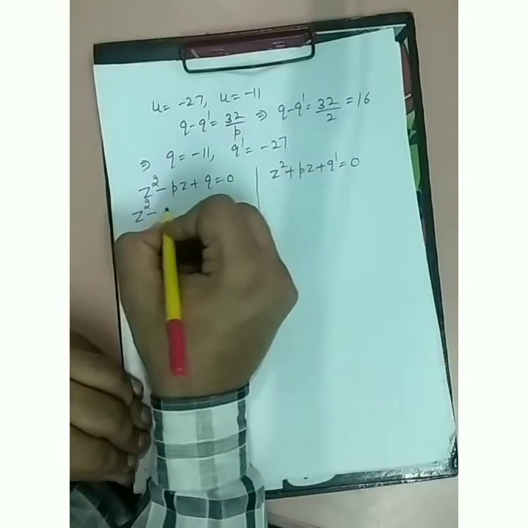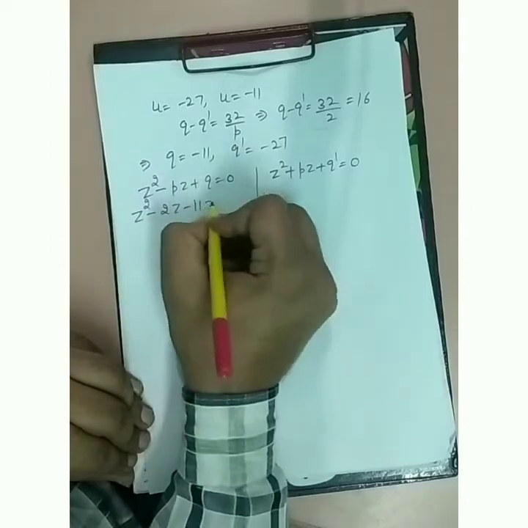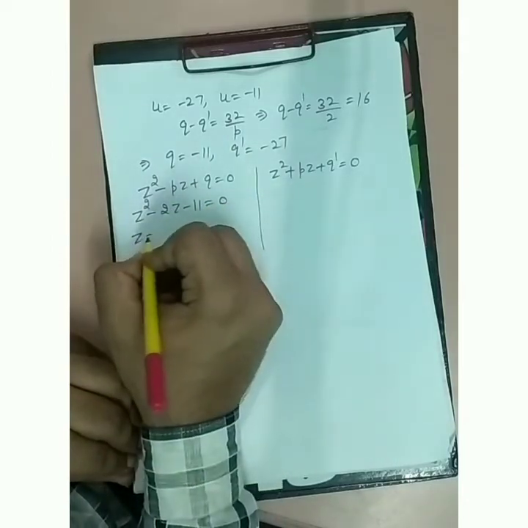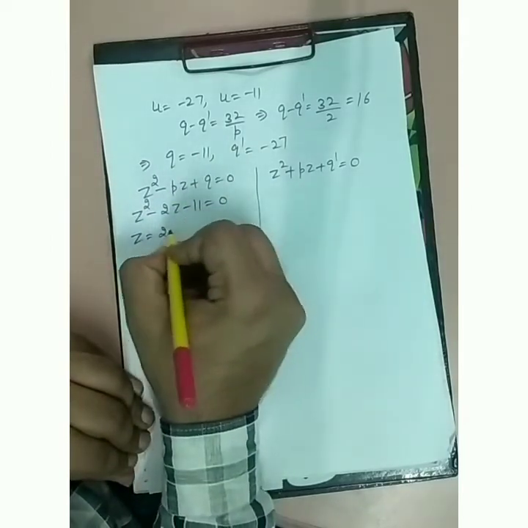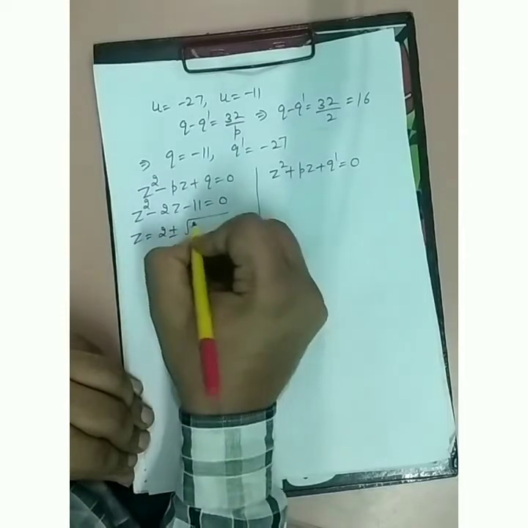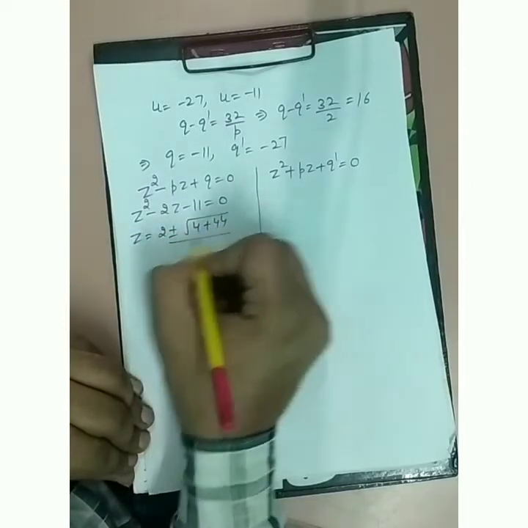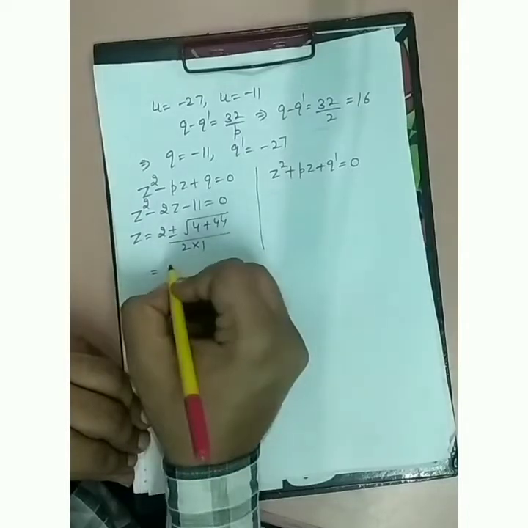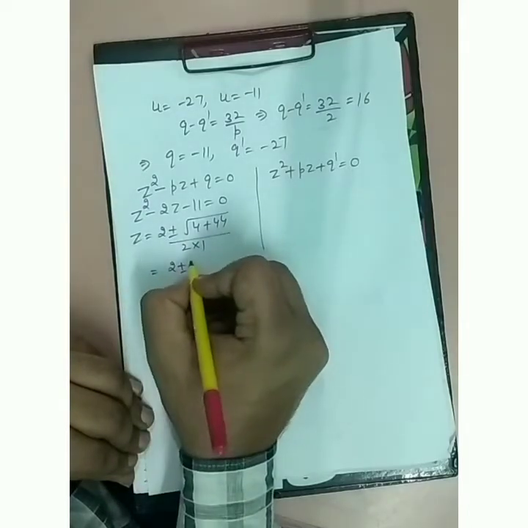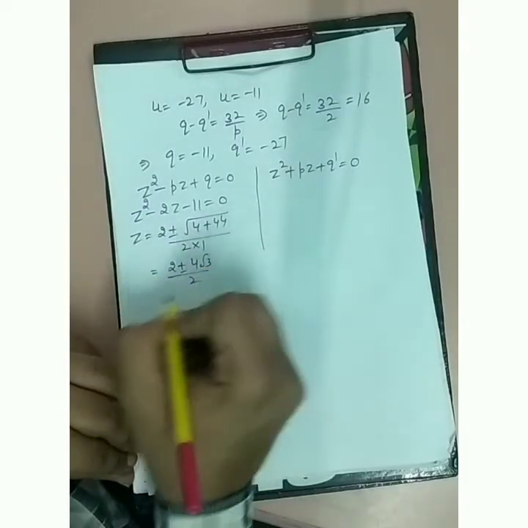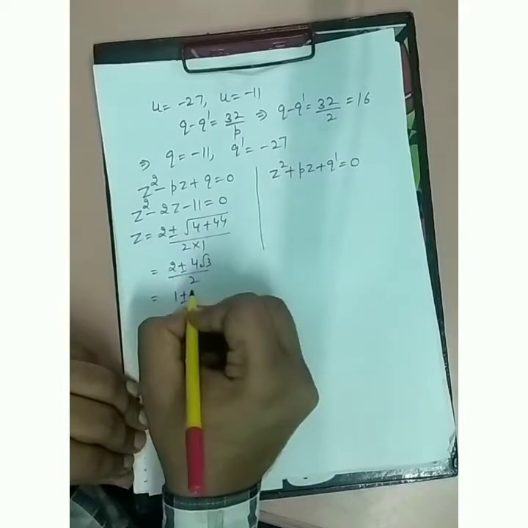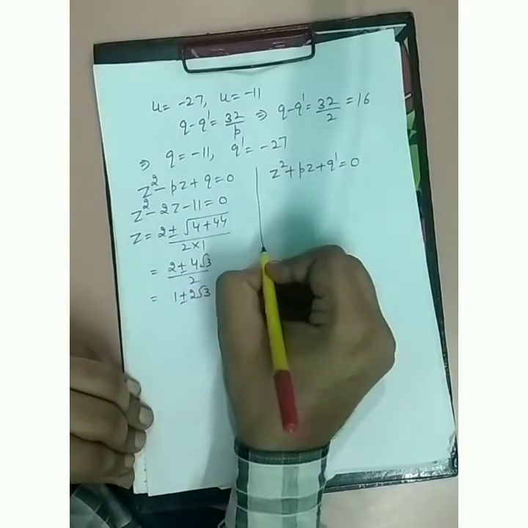So z² − 2z − 11 is equal to 0. Solve this quadratic equation. z is equal to (−b ± √(b² − 4ac)) upon 2 into 1, that is (2 ± 4√3)/2. That means 1 ± 2√3.